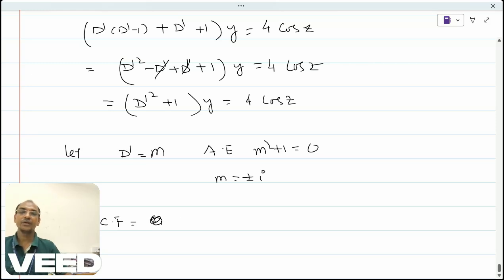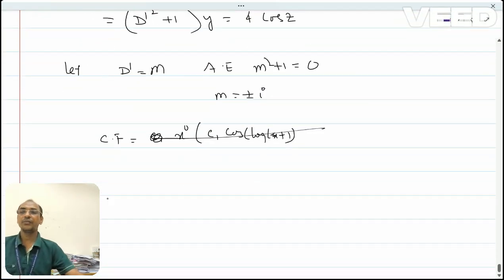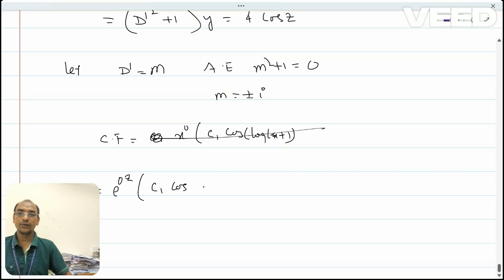x to the power 0, c1 cos, where beta means 1, of log x plus 1. Or better, you can write another step. The complementary function is nothing but e to the power 0z into c1 cos z plus c2 sin z, where beta is 1.